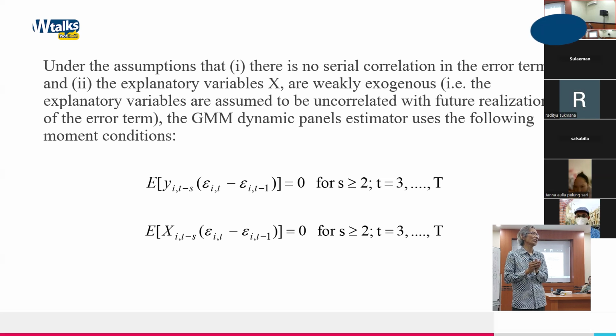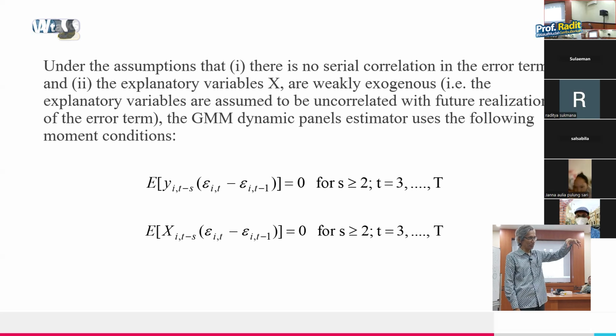And that has resulted in two types of estimation using first difference GMM: one-step first difference GMM, and two-step first difference GMM. What is the main difference between those two? The one-step first difference GMM assumes that the error terms are homogeneous, homoscedastic.